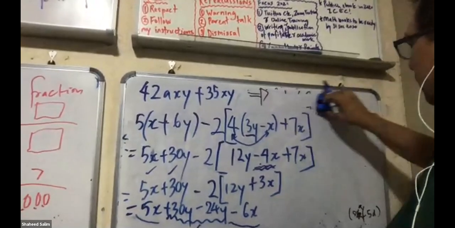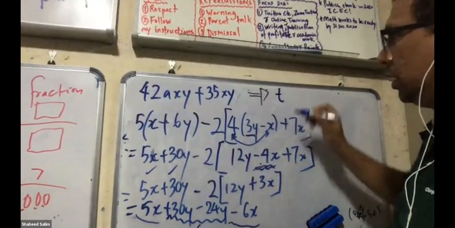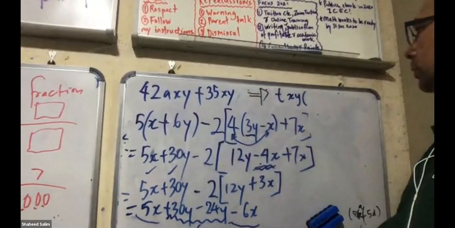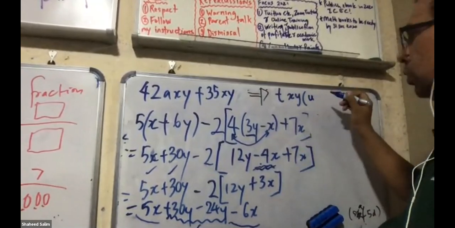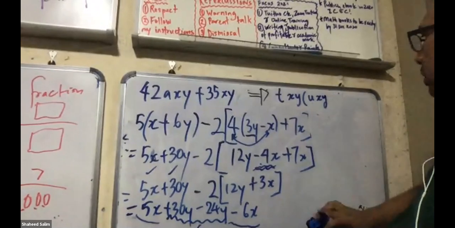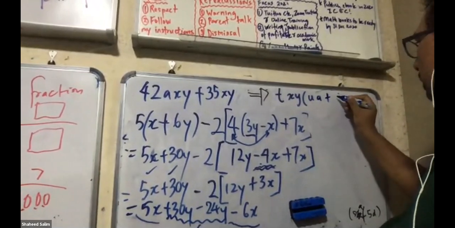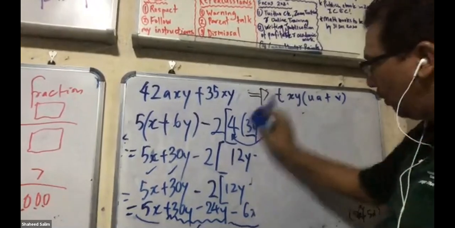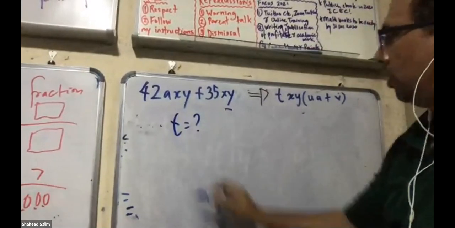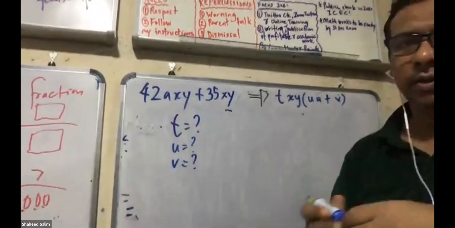Okay, it's in this form now down here: TXY bracket U XY, U A plus V. So can you now find out what is the value of T, what is the value of U, and what is the value of V? Can?